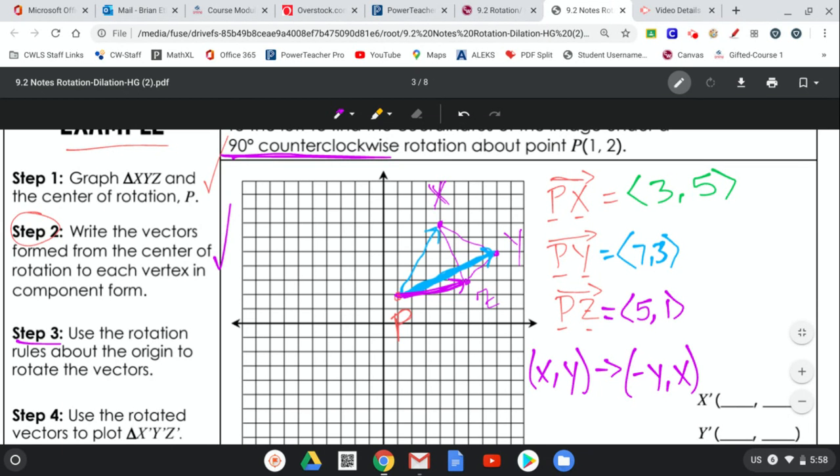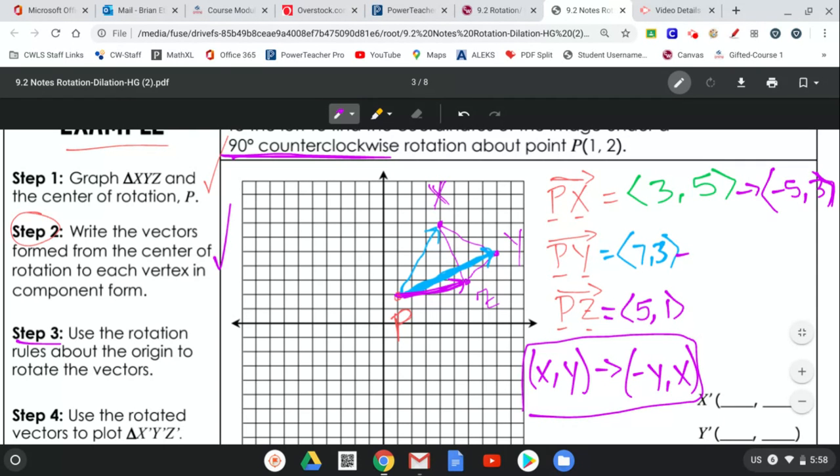So we're going to change this PX to, let's write it in our vector brackets here, negative 5, 3. Negative 5, 3, using this rule down here.